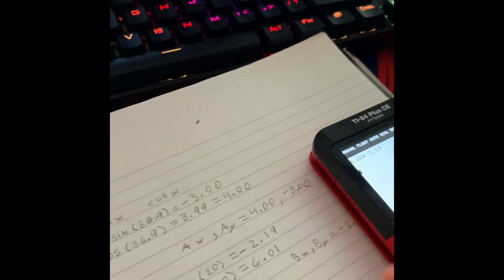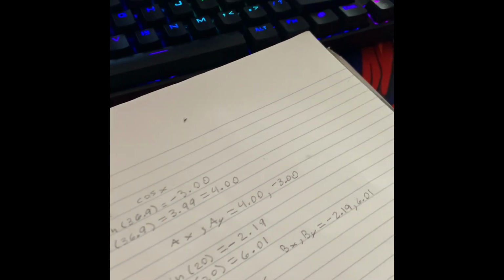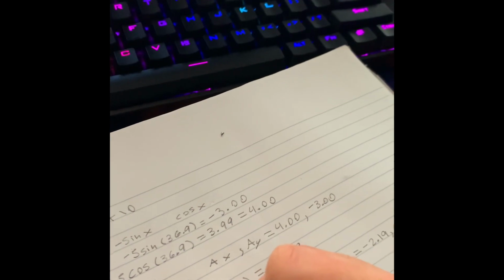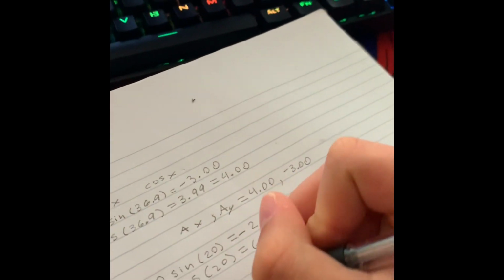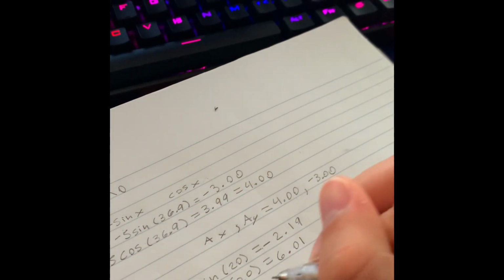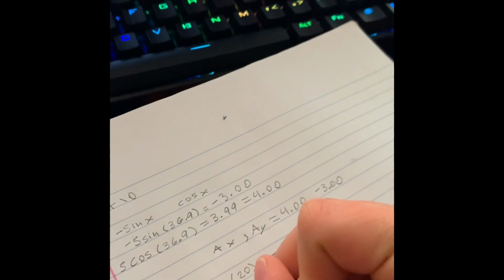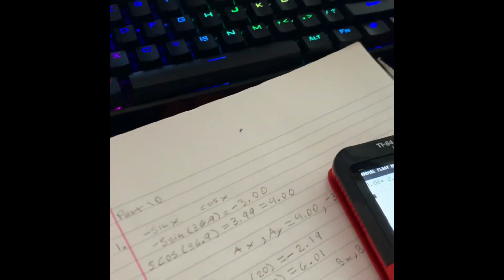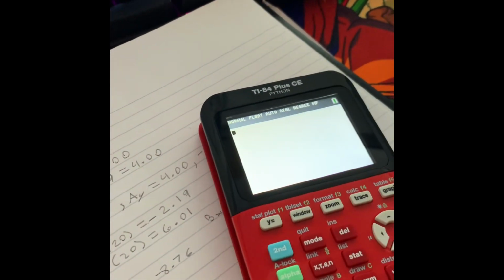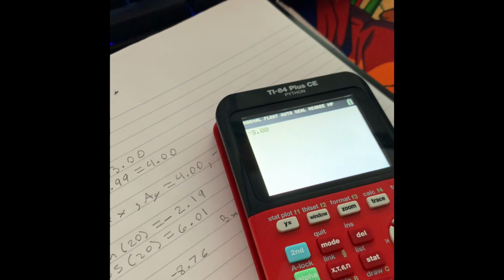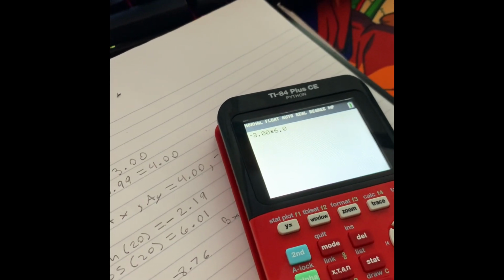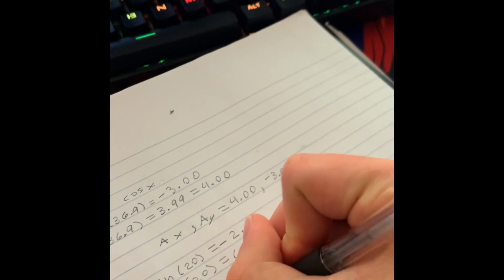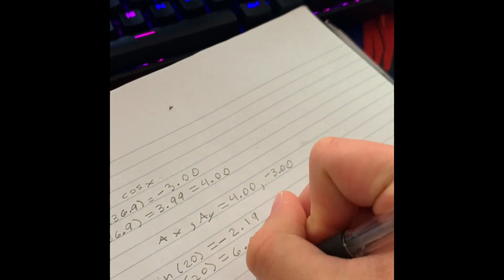And we'll do the same thing for the negative 3 and 6.01, which is negative 18.03.